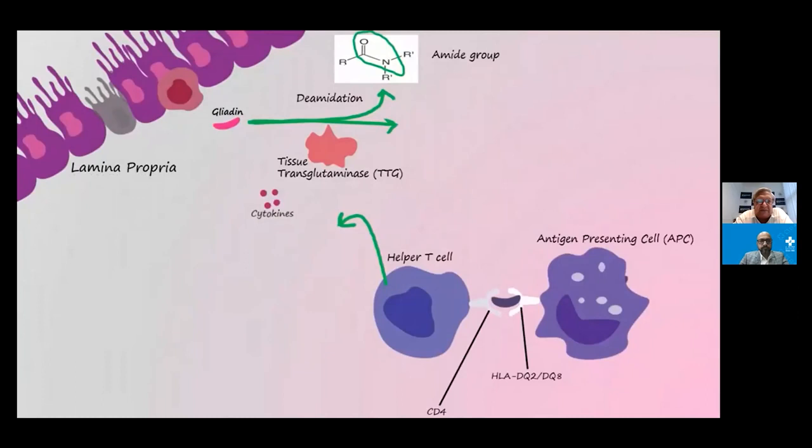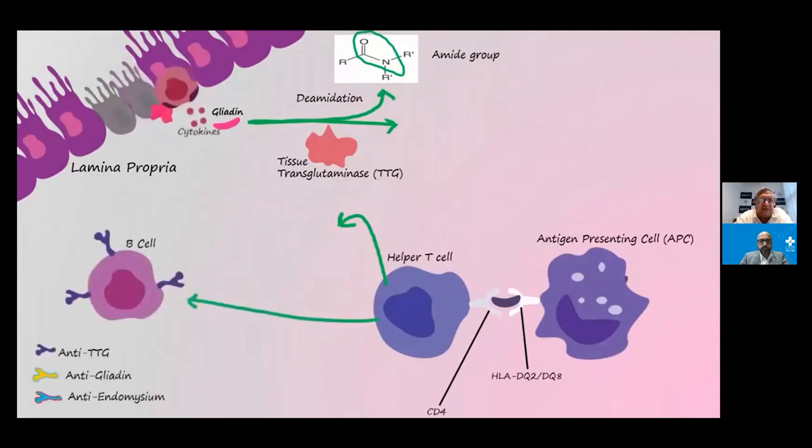Helper T cells will produce cytokines which will then lead to more damage to the enterocytes. These helper T cells will also stimulate B cells, which will produce anti-TTG antibodies, anti-gliadin antibodies, and anti-endomysial antibodies, which we use for diagnosis.